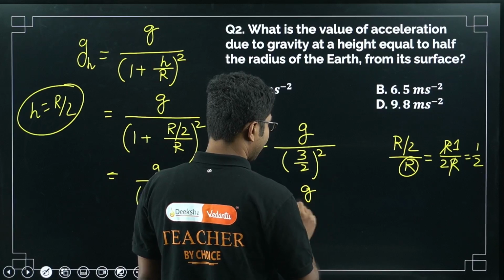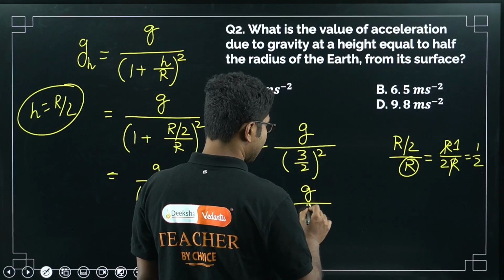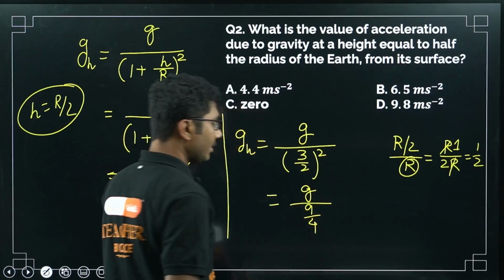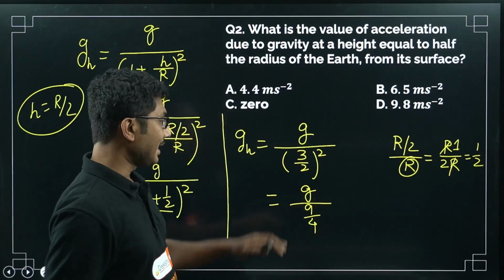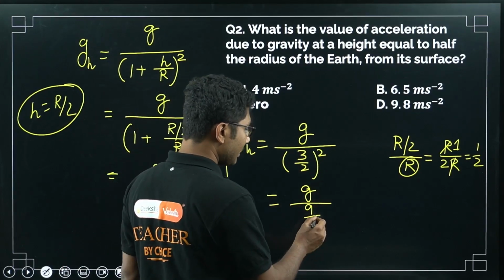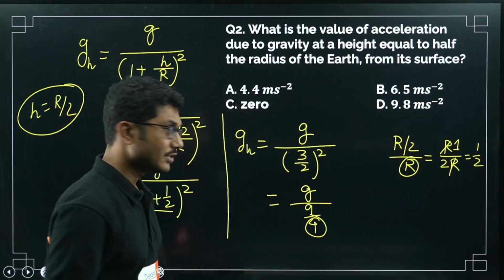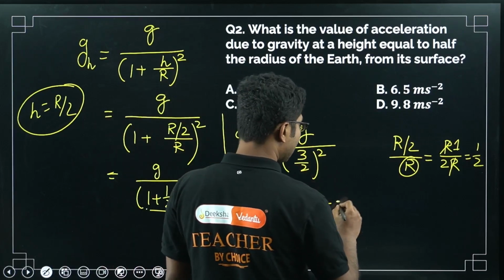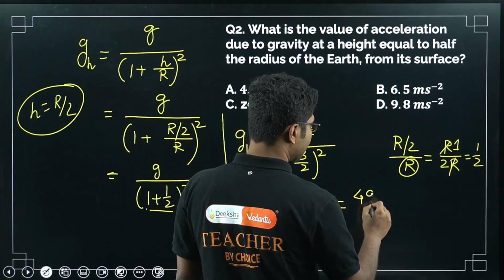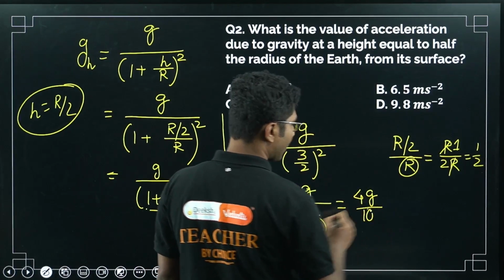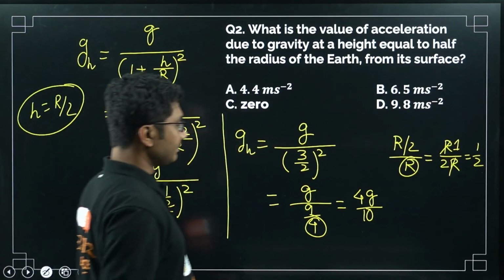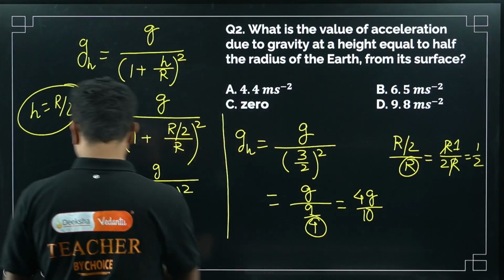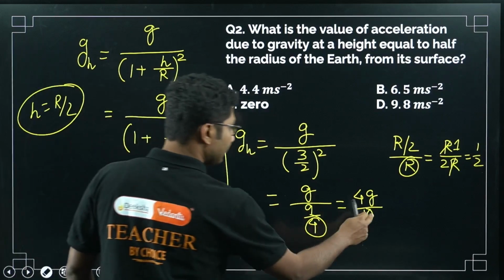So g divided by (3 by 2) whole square, that is 9 divided by 4. Now this entire thing is in division, so the 4 is double division. Double division means it will go up and become a multiplier. So 4g divided by 9, sorry, my mistake, 4g divided by 9.